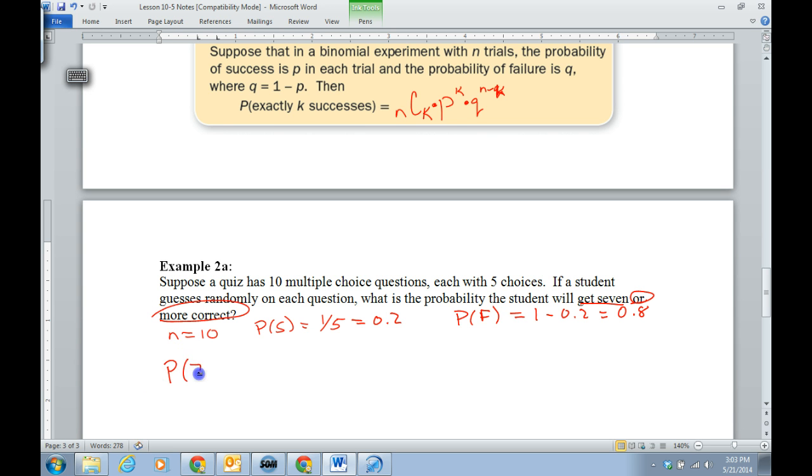So P of 7 or better is going to equal P of exactly 7 plus P of exactly 8 plus P of exactly 9, and so on, right?